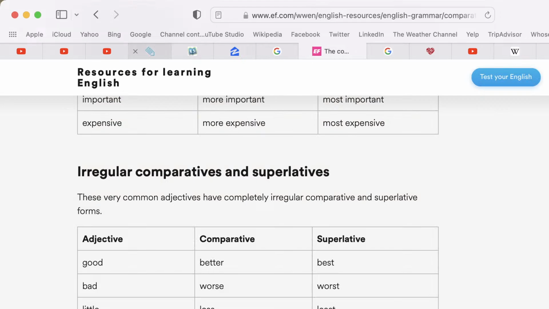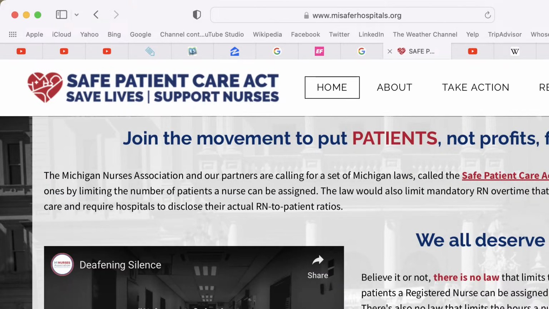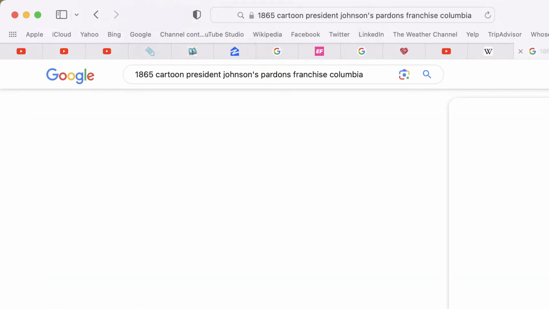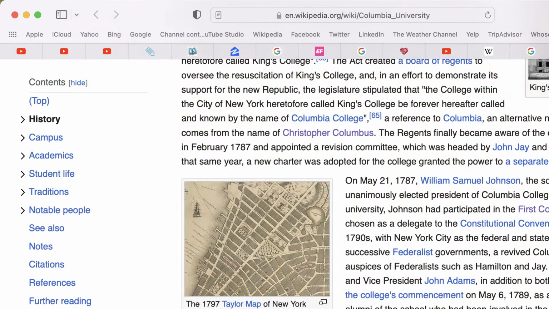Looking up Preston Brooks. What was that? Oh, I was disgusted by that. More stuff. Ugh, I don't have the right one up.